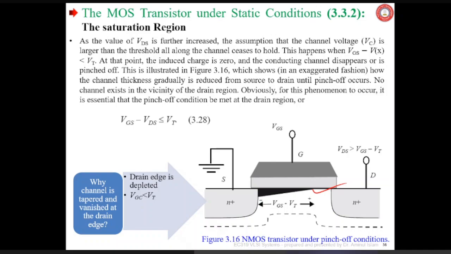Yes, sir. What value of lambda is desirable for a better current source? For a MOSFET to be a better current source, which one is desirable, a higher value of lambda or a lower value of lambda? Lower value of lambda.